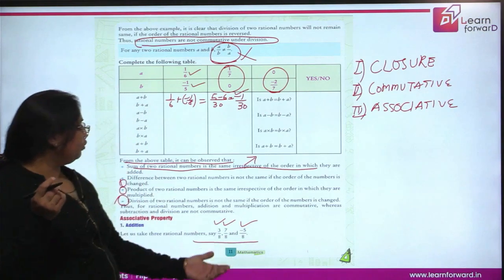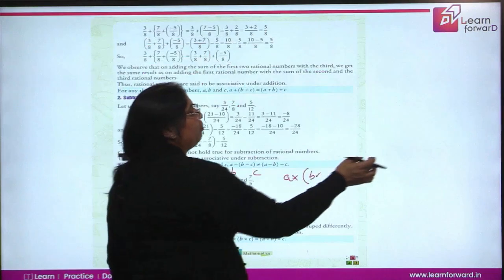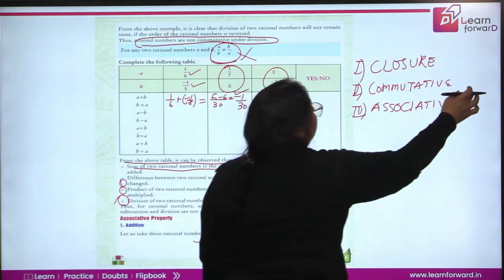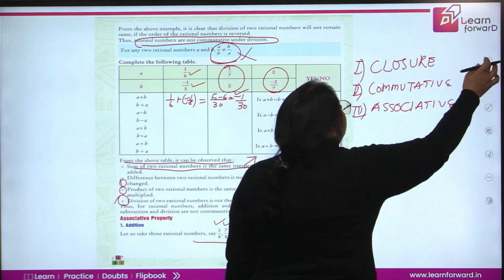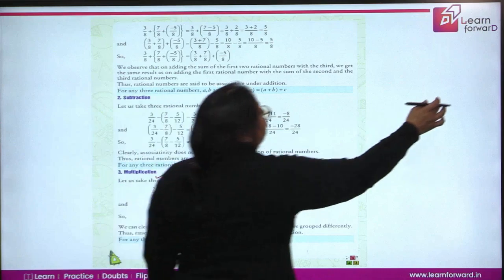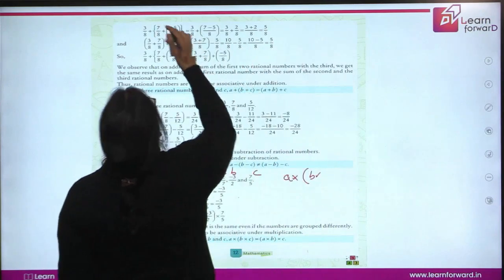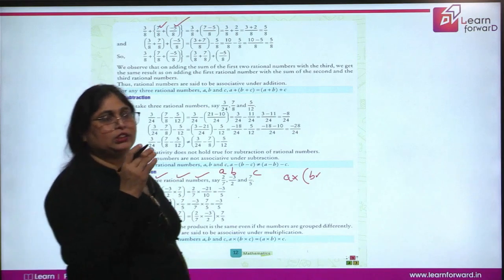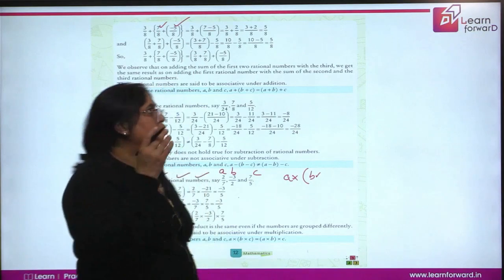So this is the example. 3 upon 8, 7 upon 8, minus 5 upon 8. These are the three rational numbers we are checking.